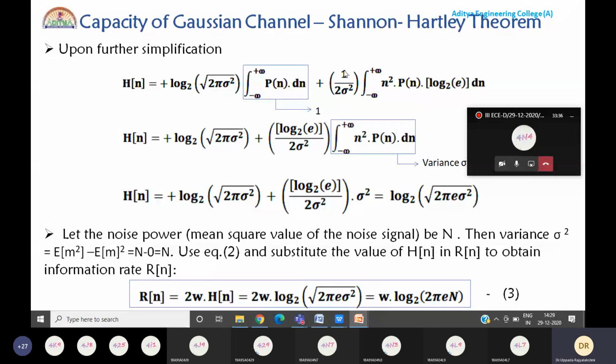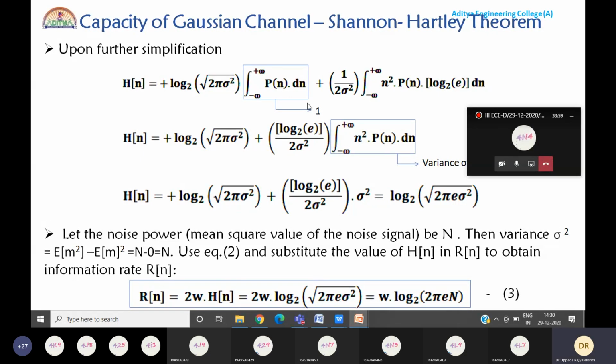Plus, actually here you have n square by 2 sigma square, but n square is a value dependent on n. So take it inside the integration and take log e base 2 outside the integration. So here you can see log e base 2 by 2 sigma square integral from minus infinity to plus infinity n square into p of n dn.